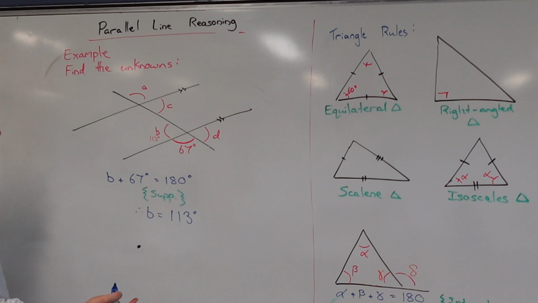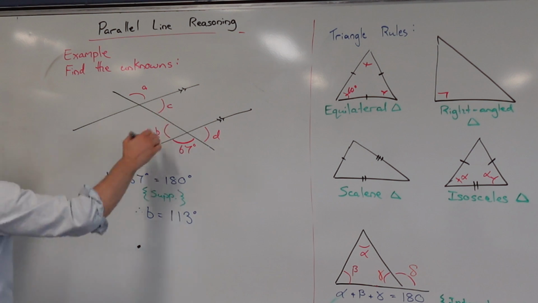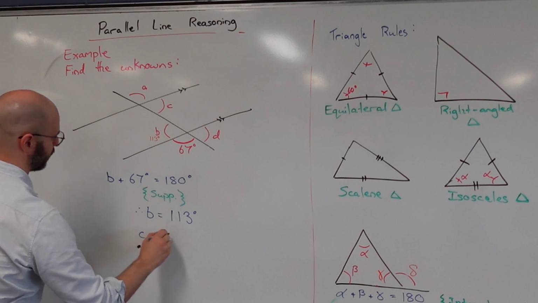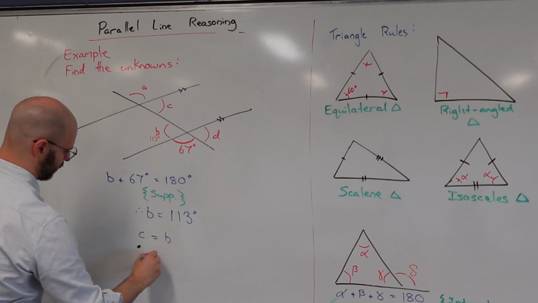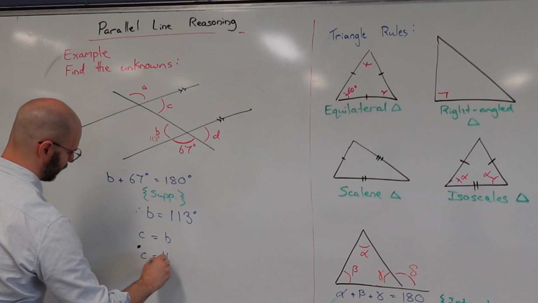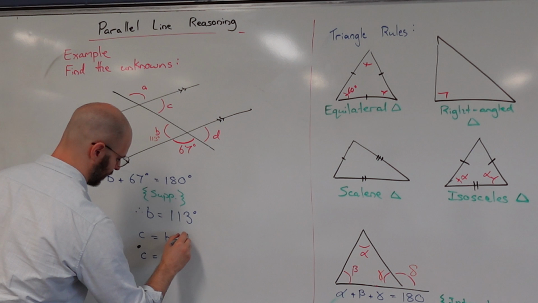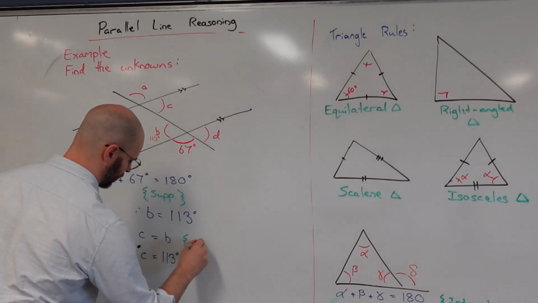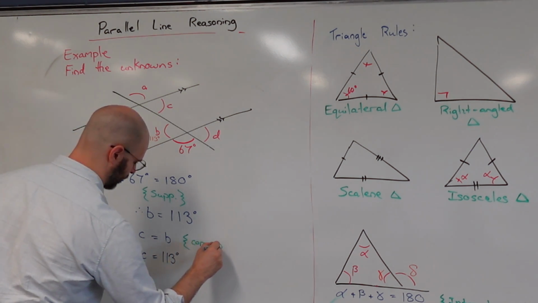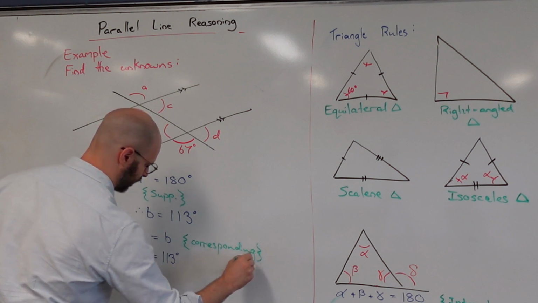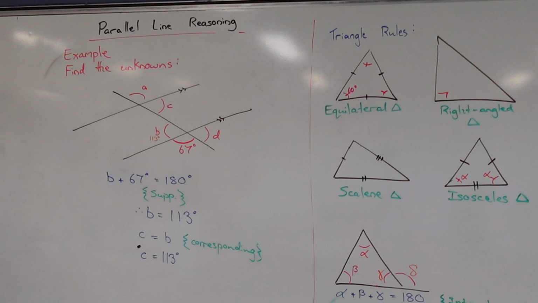If they're corresponding angles, what's C going to be? C equals B. C equals 113. Why? Well, they're corresponding.